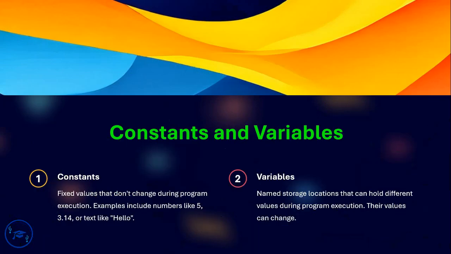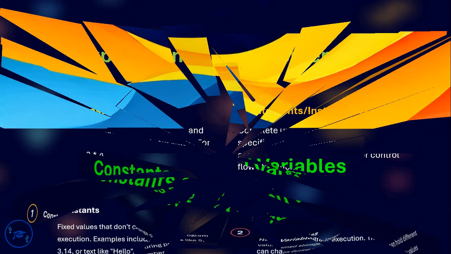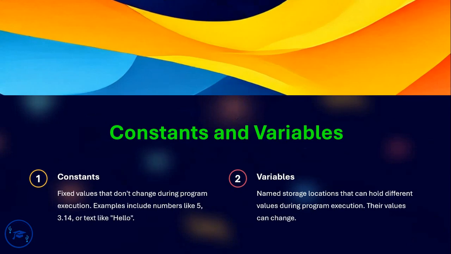In our previous lessons in basic 7, we covered constants and variables in detail. If you want more explanation on that, you have to go back to the previous lessons and get the understanding from there. Constants, as we said, are fixed values that don't change during program execution.